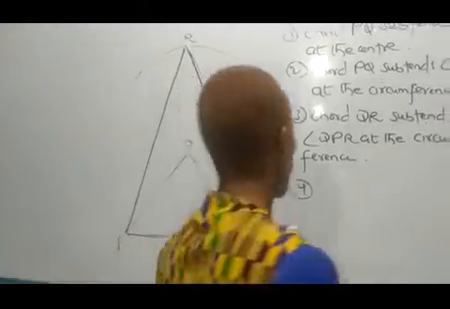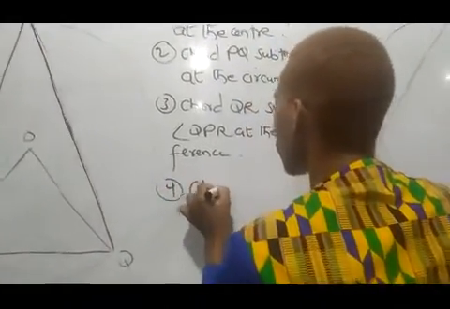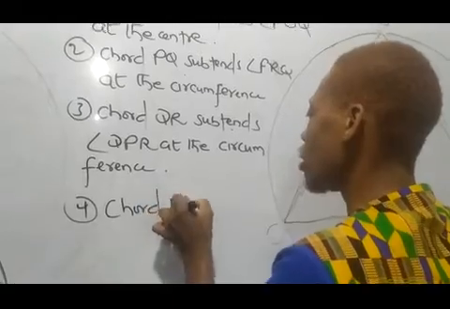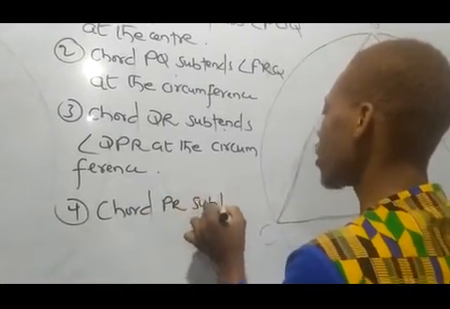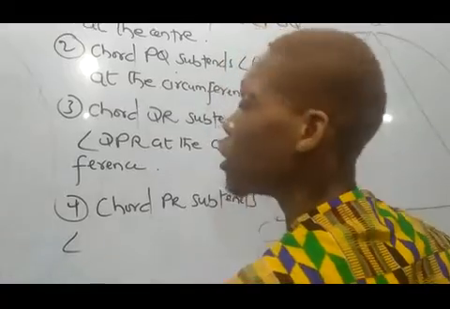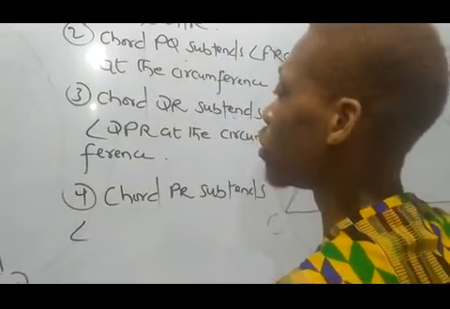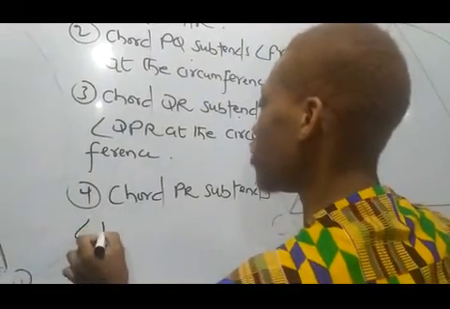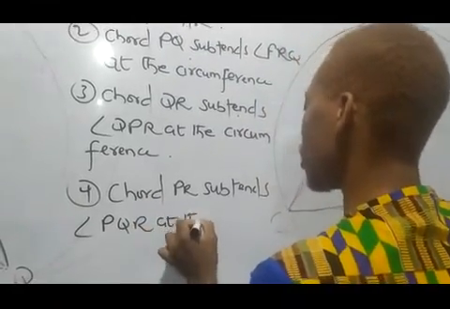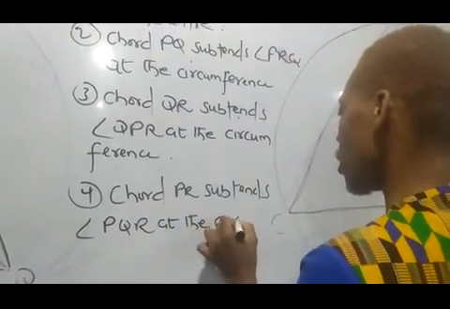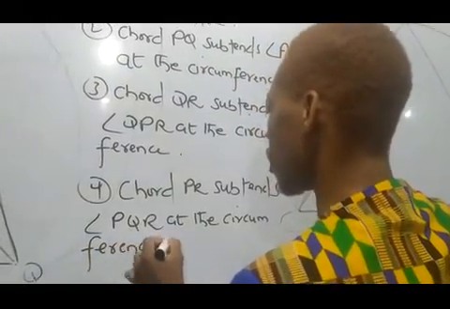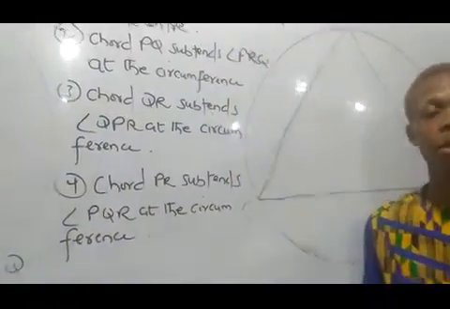So 4, we say chord PR subtends angle PQR at the circumference.